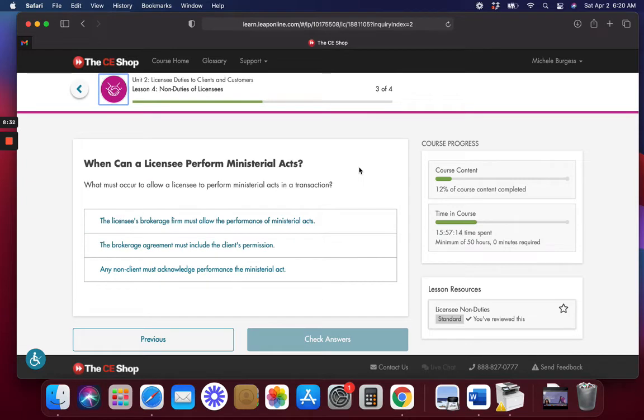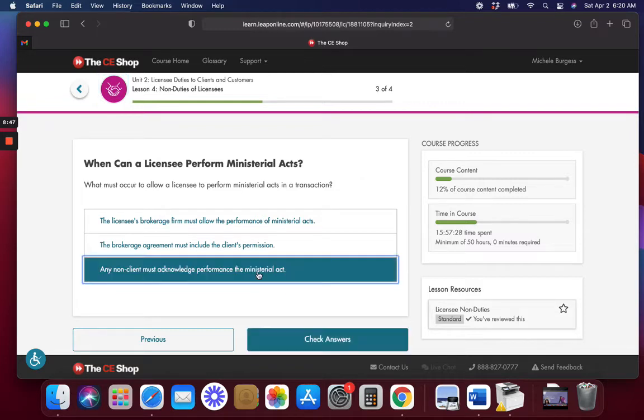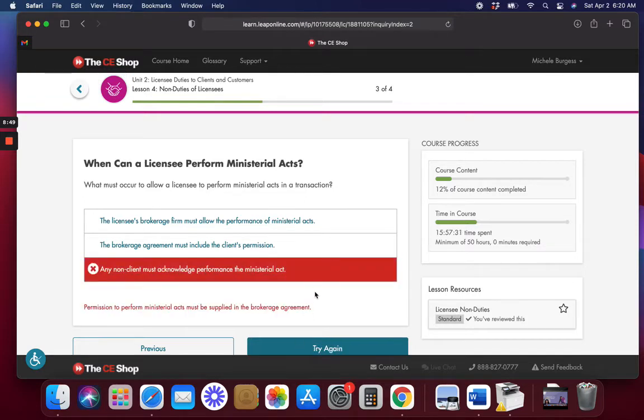Okay, when can a licensee perform ministerial acts? What must occur to allow a licensee to perform acts in a transaction? Okay, I don't know. Let's see if that's right. No, permission to perform acts must be supplied in the broker's agreement.